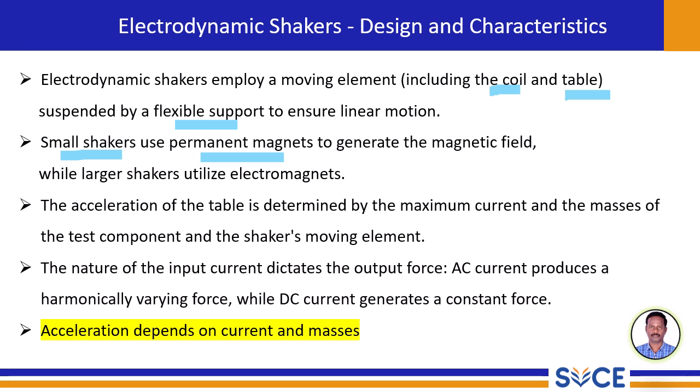However, for larger shakers, we need to produce substantial force. Electromagnets are typically employed. Electromagnets allow for greater control over the magnetic field strength, which in turn enables the generation of higher forces.